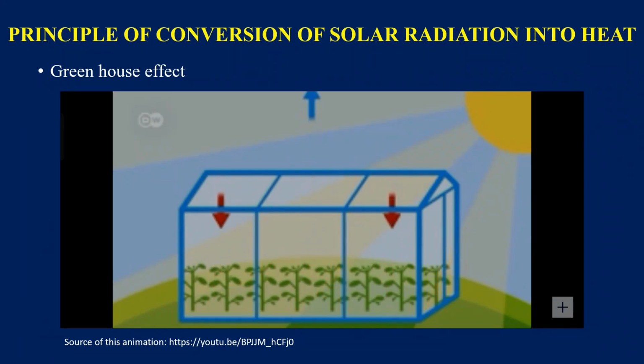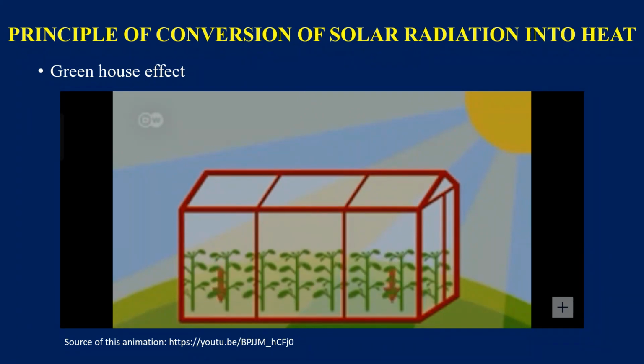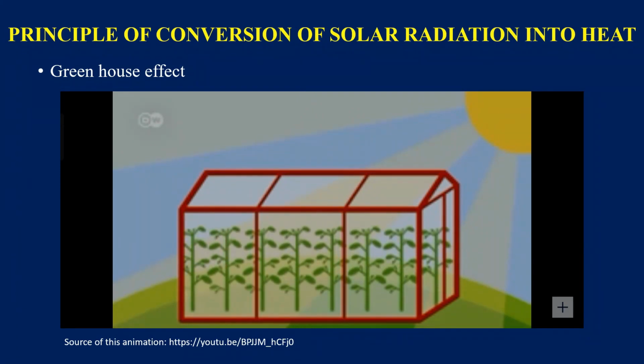When this ground is heated, it radiates thermal infrared radiation. Now, the glass material doesn't allow this heat radiation to pass through. So, the heat is trapped inside the glass house. And because of that, the temperature inside the glass house rises. This is called the greenhouse effect.